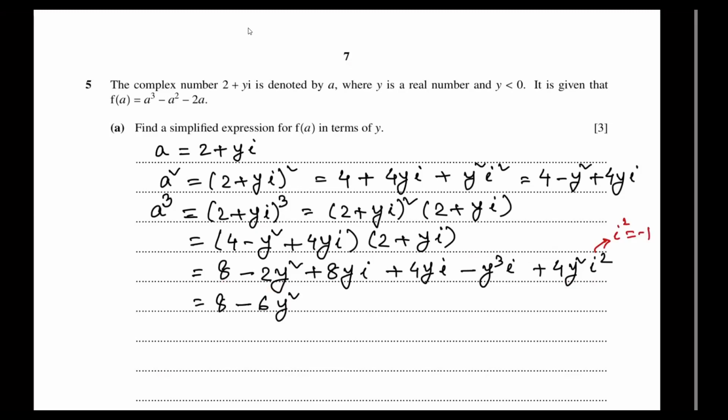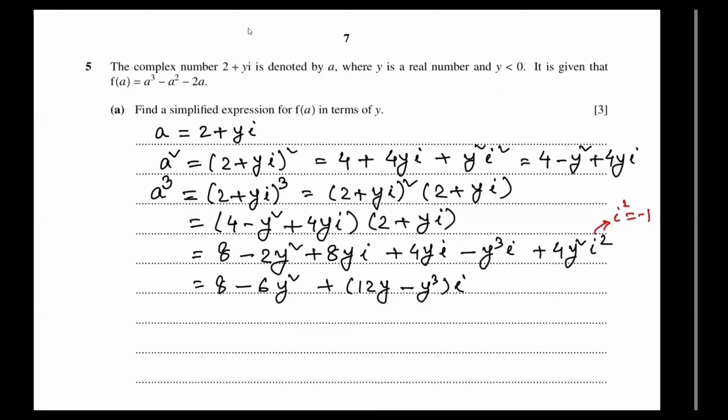So that is minus 4y square. And in case of i, we have 8yi plus 4i, that is 12yi minus y cube. So (12y minus y cube) i.